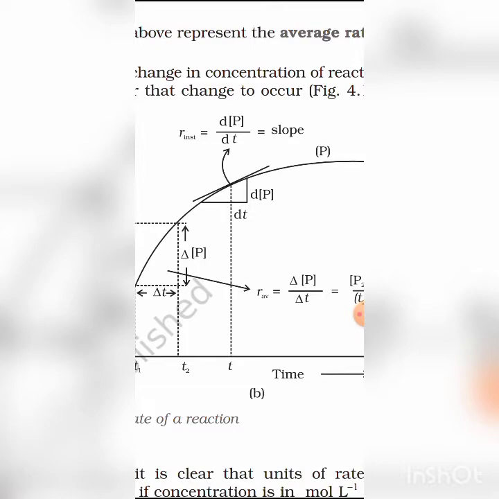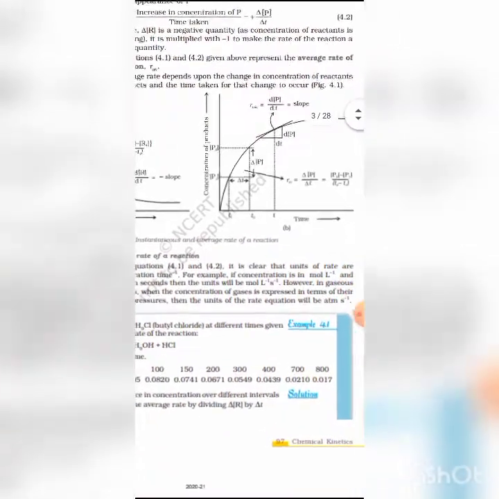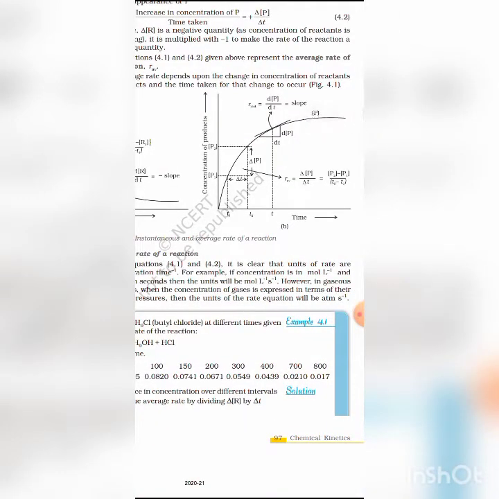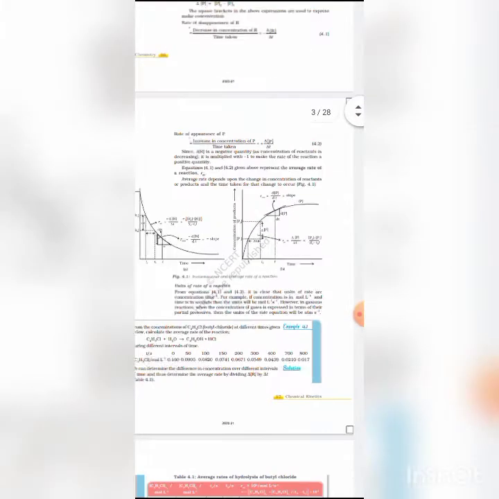Now student, we discuss the different factors that affect the rate of chemical reactions, such as nature of the reactant. It has been observed that ionic substances react more rapidly than substances with covalent bonds.